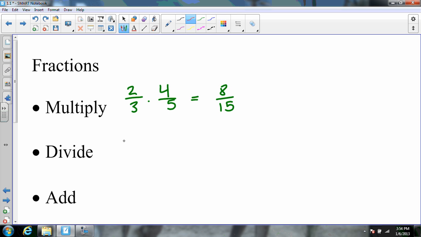When you are dividing fractions, you have to multiply by the reciprocal. So if you have 2 over 3 divided by 4 over 5, you have to multiply by the reciprocal, so 2 over 3 times 5 over 4. If you would like to cross reduce, you can: the 2 goes to 1, the 4 goes to 2, and you get 5 over 6.